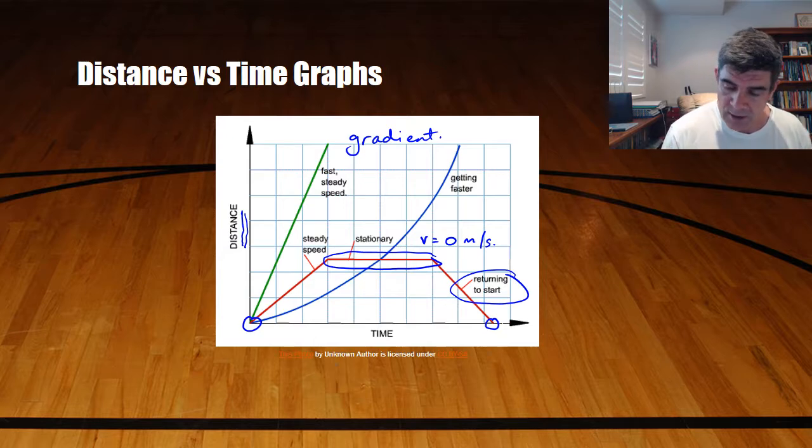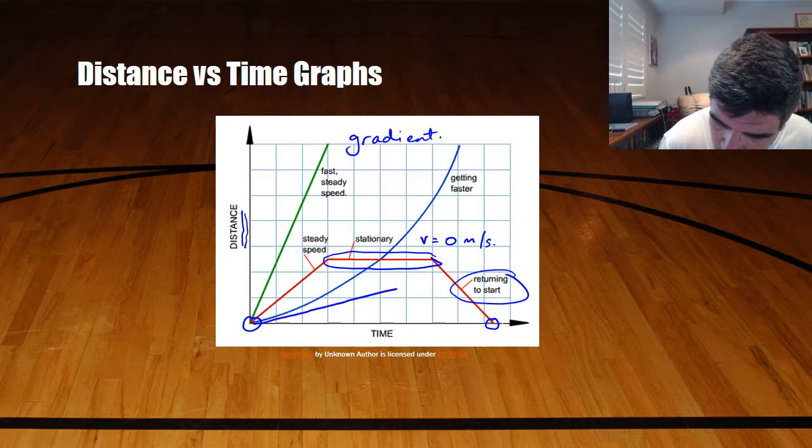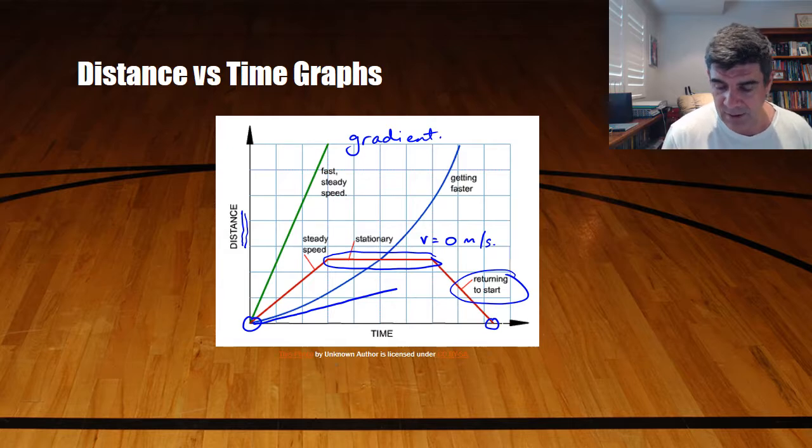The gradient, or how steep the slope of the line is, tells you something about the speed of the object. A line that is very shallow or very slowly sloping is going to be a slow speed, a slow increase in distance over time, whereas the green one here is obviously rising very quickly.